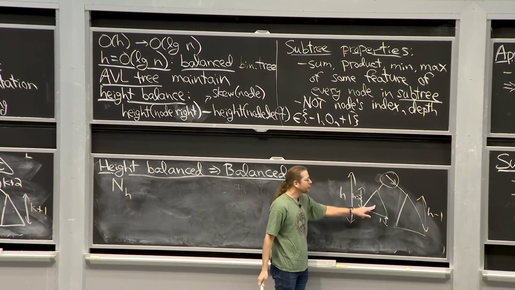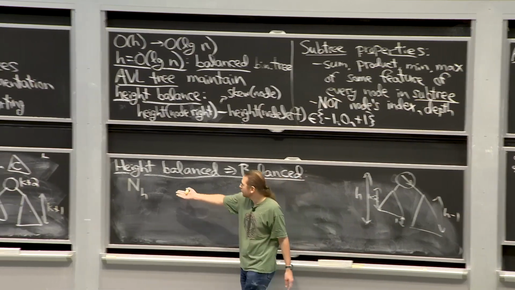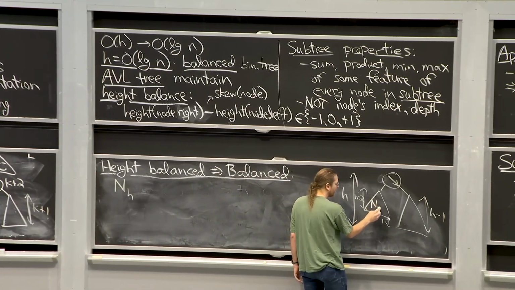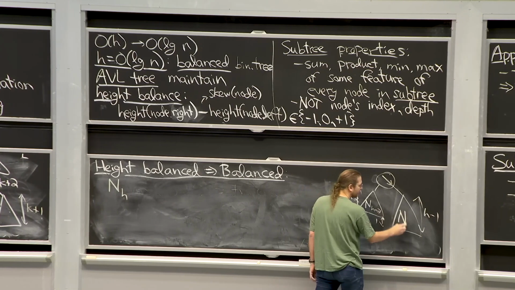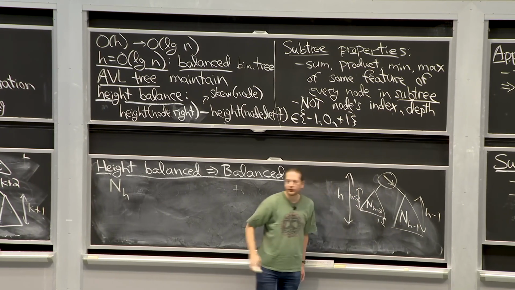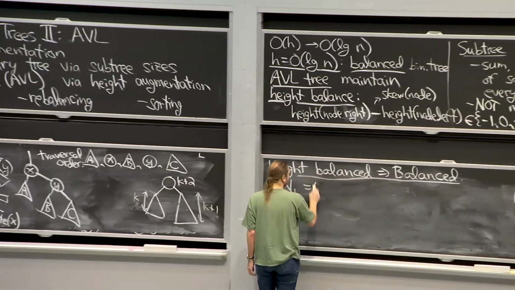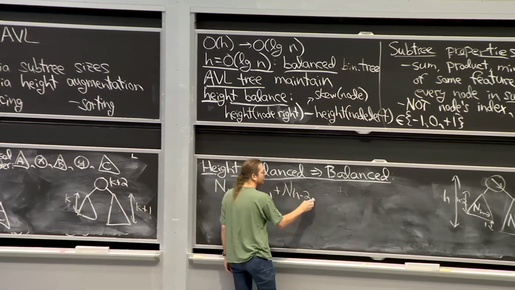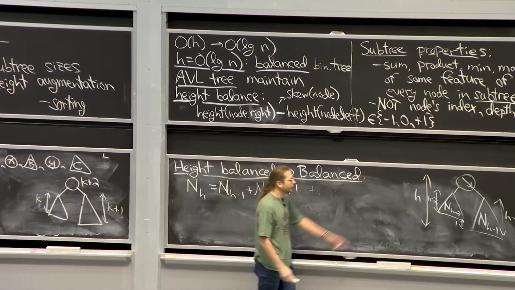Okay, so how many nodes are in here? Well, this is a recurrence I'm going to write, so this will be n sub h minus 2. This will be n sub h minus 1. And then I just count how many nodes are in this picture. It is n sub h minus 1 plus n sub h minus 2 plus 1, or this node.